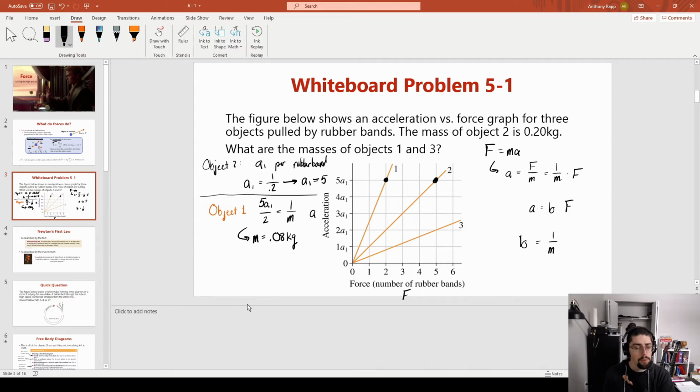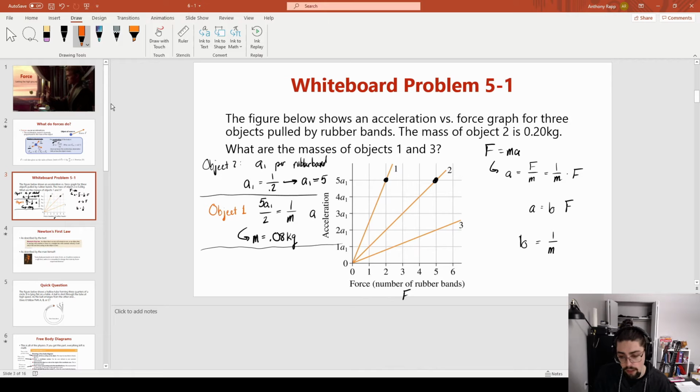How did I get the 0.2 up here? That is one of my given values. That is, the mass of object 2 is 0.2 kilograms. Yeah, so that's what I needed. Otherwise, I can talk about the relative masses, but the fact that I actually have one of the values means that I can use that to find what the other should be.